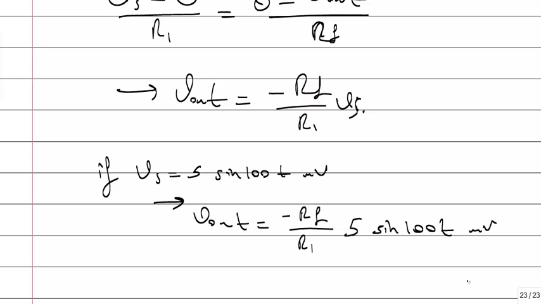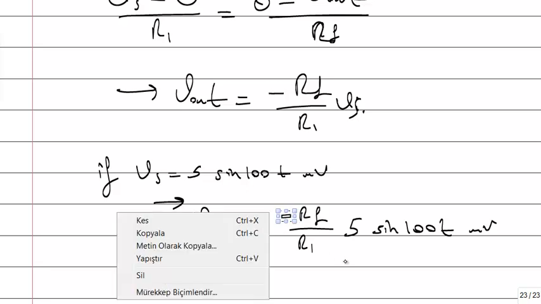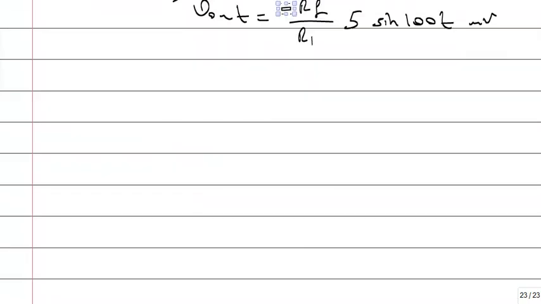So if you use, for example, same resistors, the output will be the negative of the input, 1 divided by 1. Okay. If you use 5 times higher resistor, feedback resistor, the output voltage will be 5 times higher. But because of that minus, the output will be in the negative direction, negative polarity.